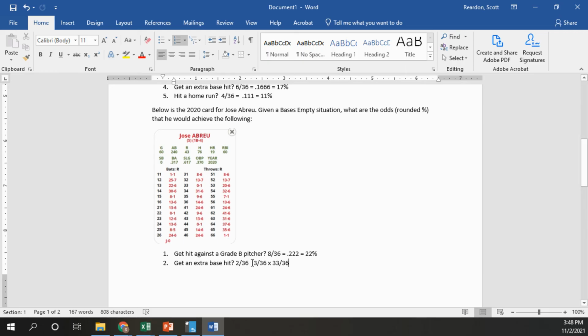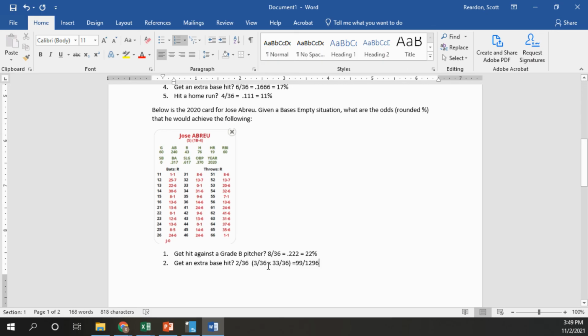Oh my goodness, Reardon, what are we doing? Well, let's do the math. What's 3 divided by 36? That's the odds he's going to get a 0, times 33 over 36, the odds he's going to get an extra base hit in the second column. Let's do the math. What's 3 times 33? That's going to equal 99, divided by, what's 36 times 36? 1296.